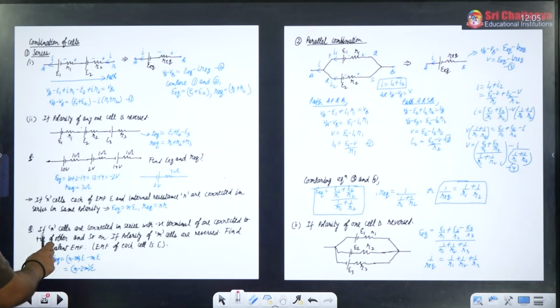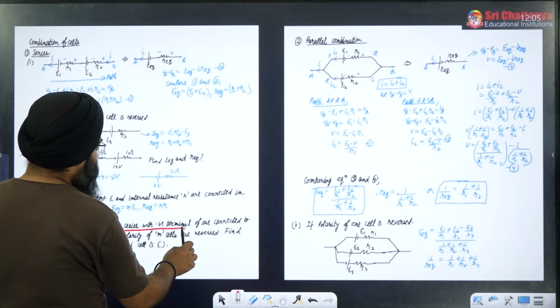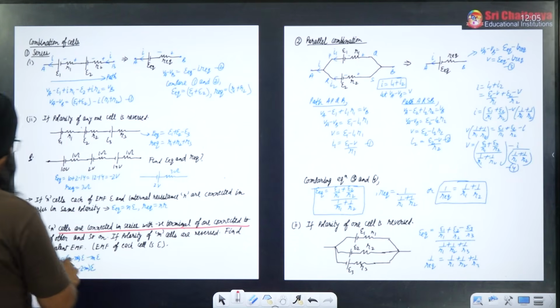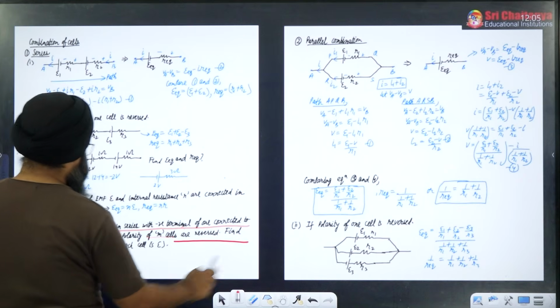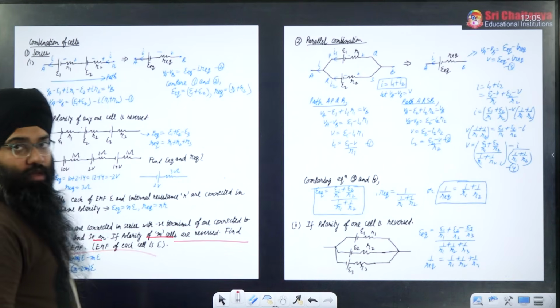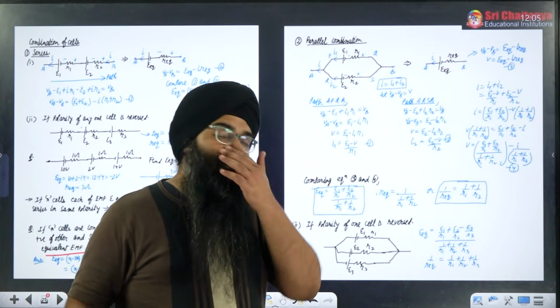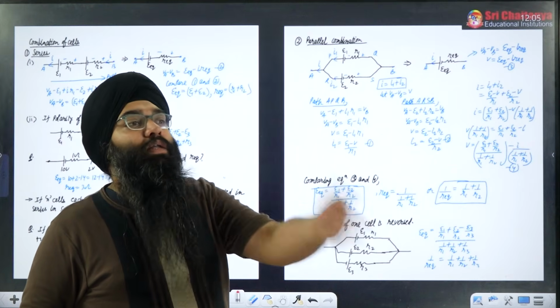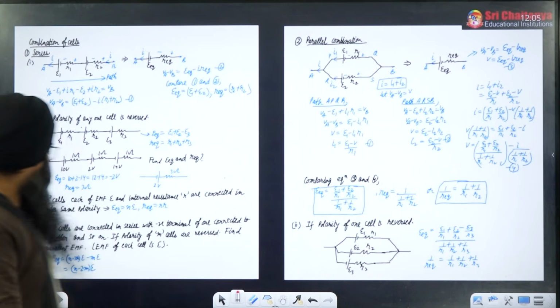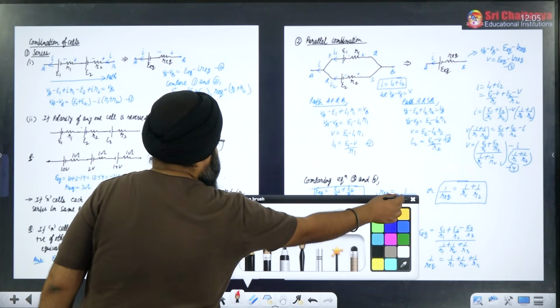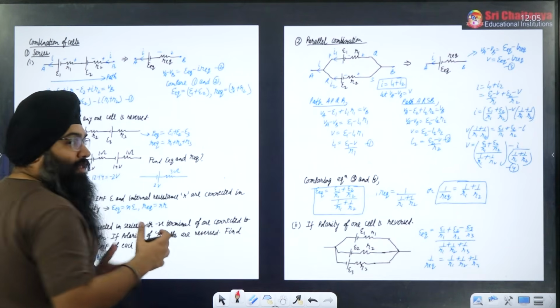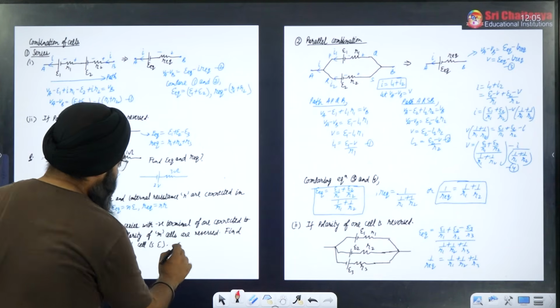And one more important point: if n cells are connected in series with the negative terminal of one connected to the positive of the other and so on, and the polarity of m cells is reversed, then find the equivalent EMF. So out of n cells, if you have reversed the polarity of m cells, what is the equivalent EMF? This is also very clear. Because you have reversed the polarity of m cells, the cells which will be in the same polarity will be n minus m.